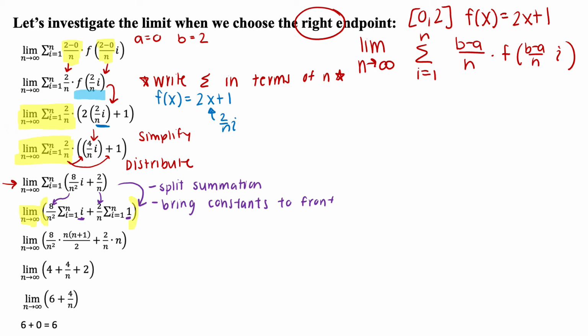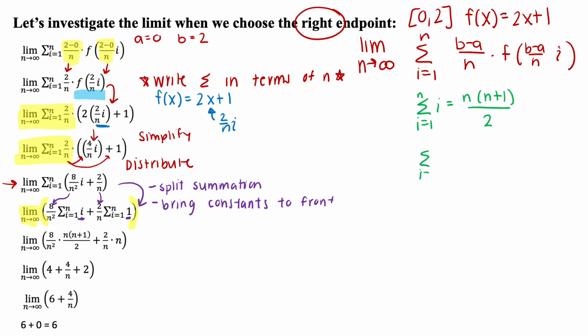From there, this is where you want to keep those formulas handy so you can reference them. You want to recognize that you have the sum from i equals 1 to n of i. Your formula is equal to n times n plus 1 over 2.